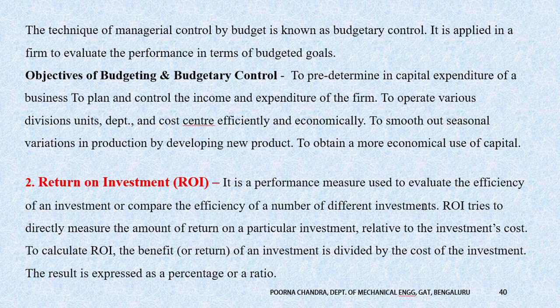What is the amount of returns we are getting relative to the investment's cost? To calculate return on investment, the benefit of an investment is divided by the cost of the investment. The result is expressed as a percentage or a ratio.